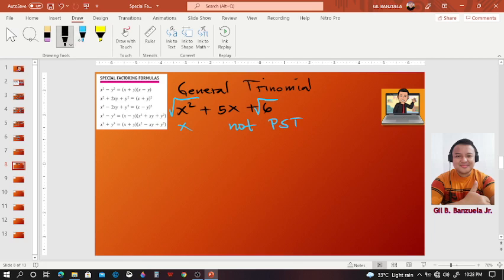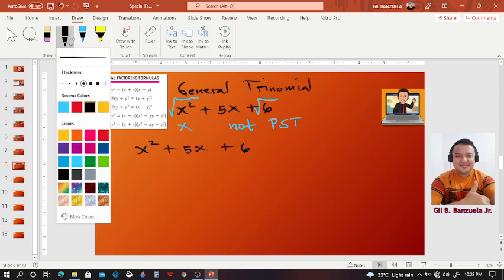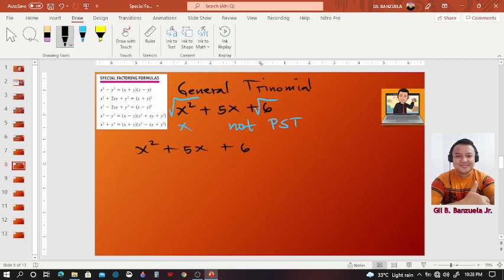So what are we going to do, sir? So ganito lang yan. So again, let me just rewrite the problem, no? The first thing that we're going to do is to make two binomials here.